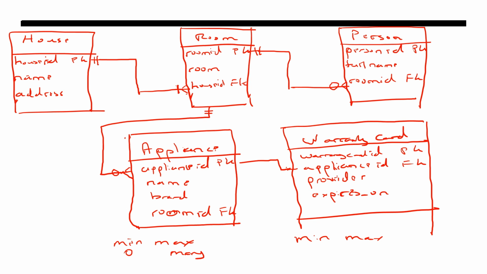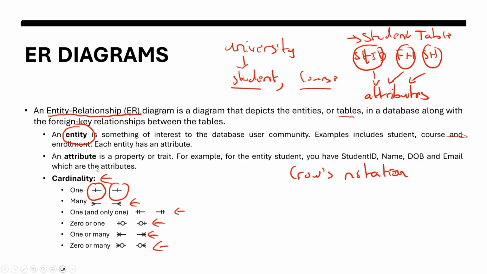I guess you would have understood that the minimum is zero, and the maximum is one. Why? Because you have this possibility that an appliance has no warranty on it, for example. So, what is the kind of notation that you will use? This is where you get into the 0 or 1 notation.